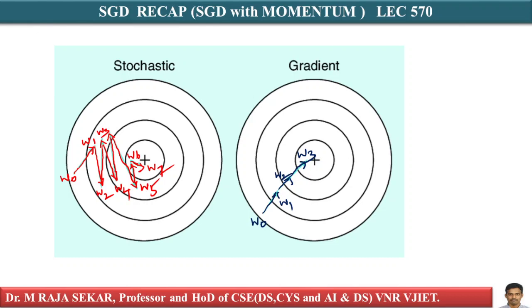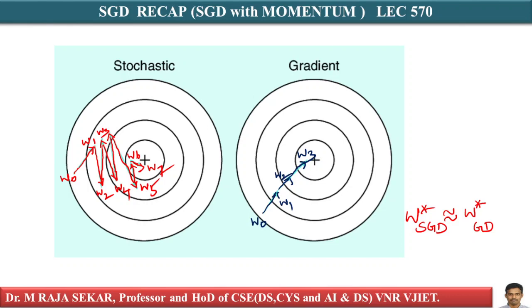But SGD also has some problem. SGD is not pointing exactly in the direction of the gradient, because in your mini batch SGD or single point SGD, the gradient we compute is an approximation, not exactly equal to the derivative of gradient descent.